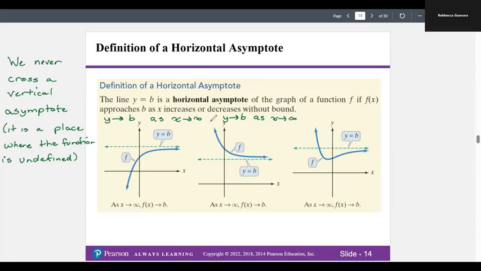So we're coming at b, but we're coming at it from underneath. And the same thing here. Notice that this one, we don't cross, this one, we don't cross, this one, we go down, we cross. But what's happening in the long run is that my y values start approaching that b, getting closer and closer as x goes towards infinity. So the definition is simply that we're looking at the very long run here. So we can cross a horizontal asymptote.